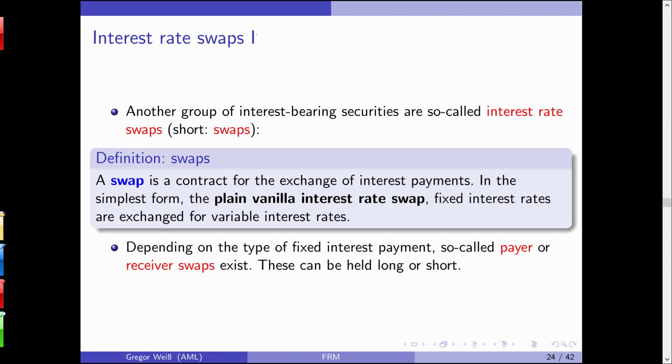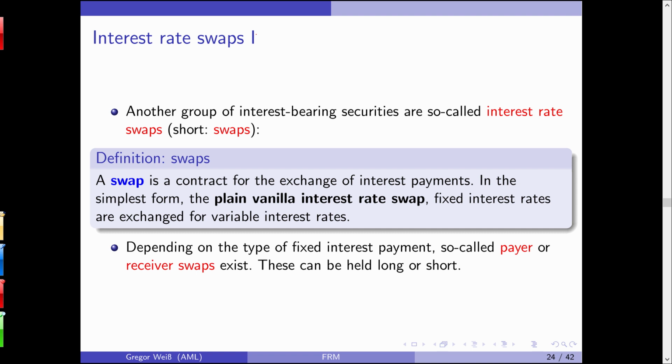Now let's make it a little bit more interesting. Let's turn to interest rate swaps next, or just swaps. What is a swap? A swap is usually an OTC contract for the exchange of interest payments. In the simplest form, the plain vanilla interest rate swap, fixed interest rates are exchanged for variable interest rates.